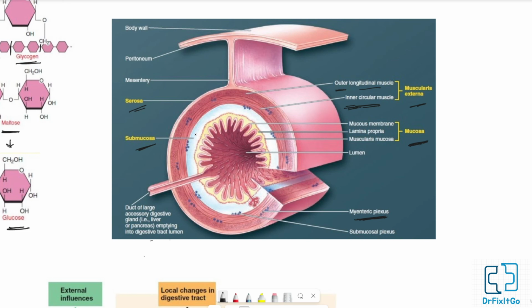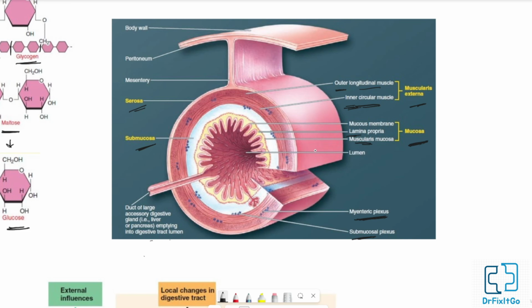The submucous layer or submucosa is made up of loose connective tissue present inside the muscle layer and outside of the mucous layer, which contains blood vessels, lymphatics and a vast network of nerve cells and nerve fibers known as the Meissner plexus or submucosal plexus. The mucous layer or mucosa is the innermost layer, consisting of epithelium, lamina propria and muscularis mucosa.